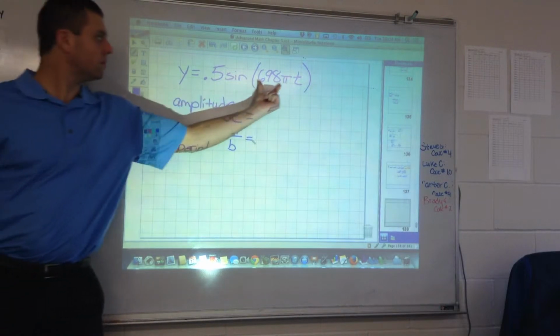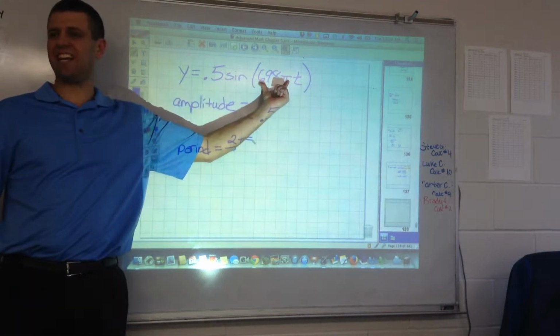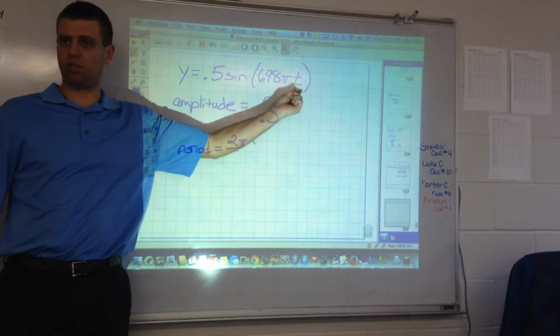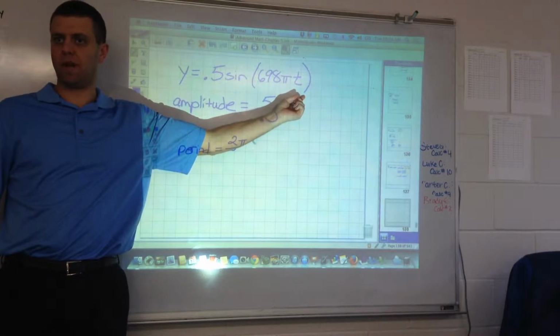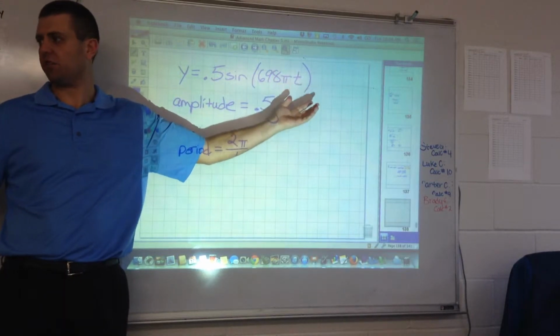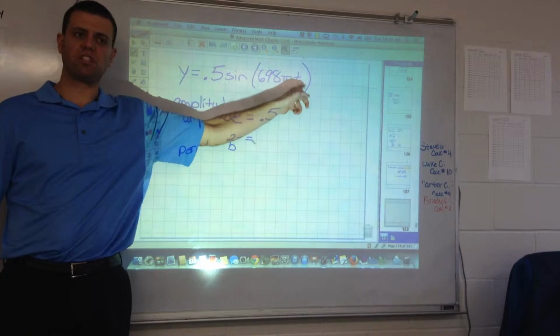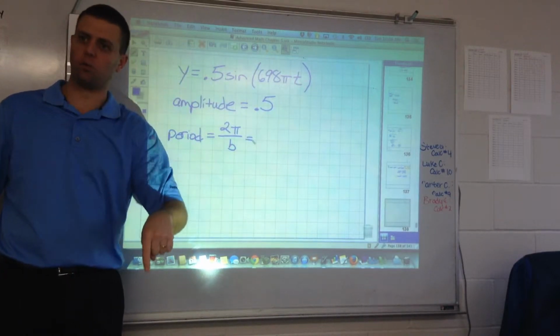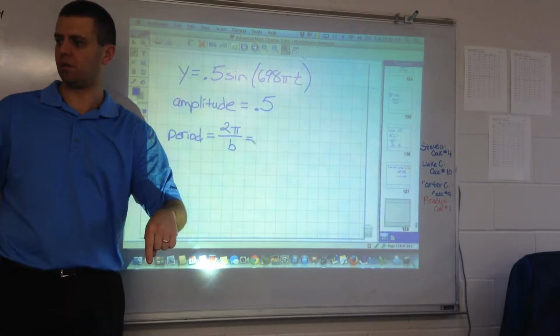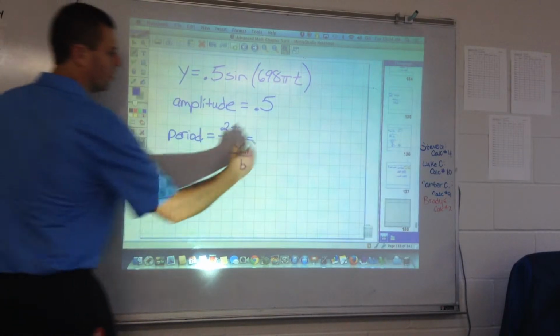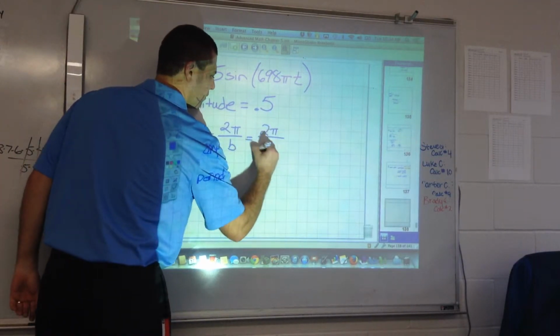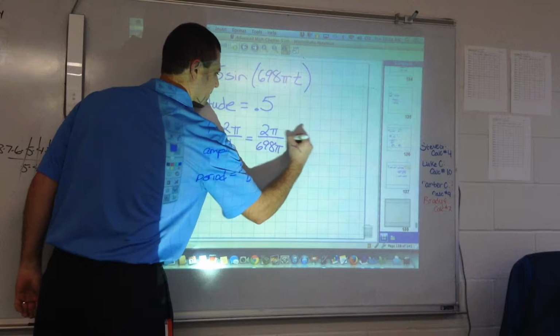That 698 pi is your b value. T is your variable, remember? Or x or theta, they could use any variable they want to. In this case, they're using t for time since the note was struck on the piano. So 2 pi over 698 pi.